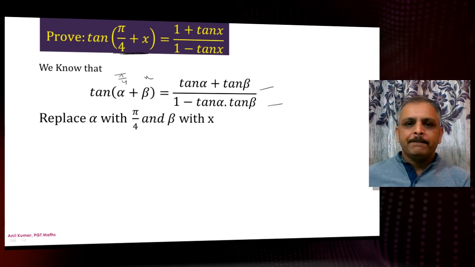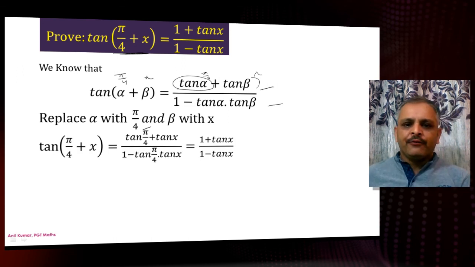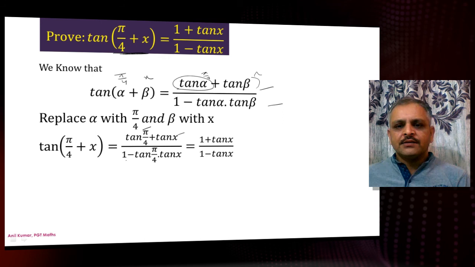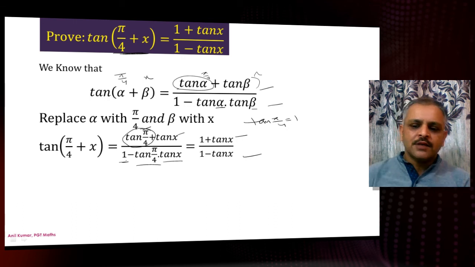So it will become tan pi by 4 plus tan x, over 1 minus tan pi by 4 times tan x. As we know that tan pi by 4 is equal to 1, put the value: 1 plus tan x, and the denominator will become 1 minus tan x.